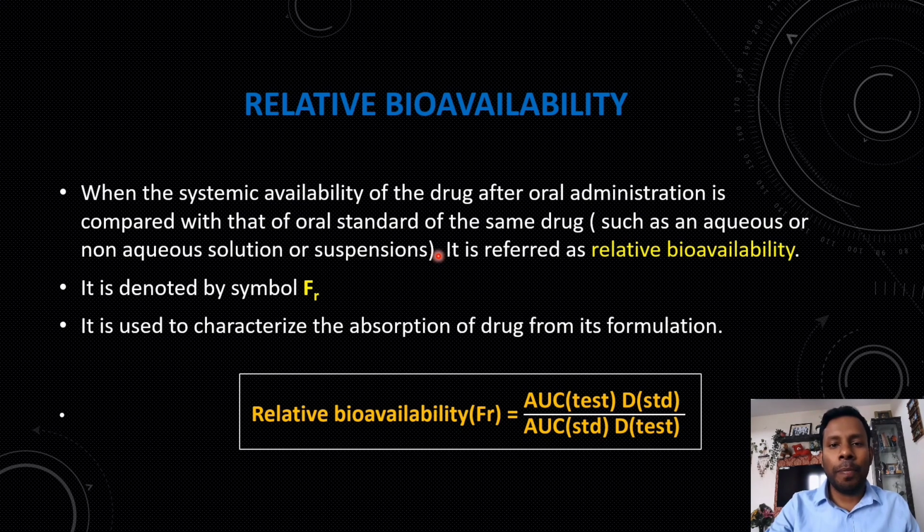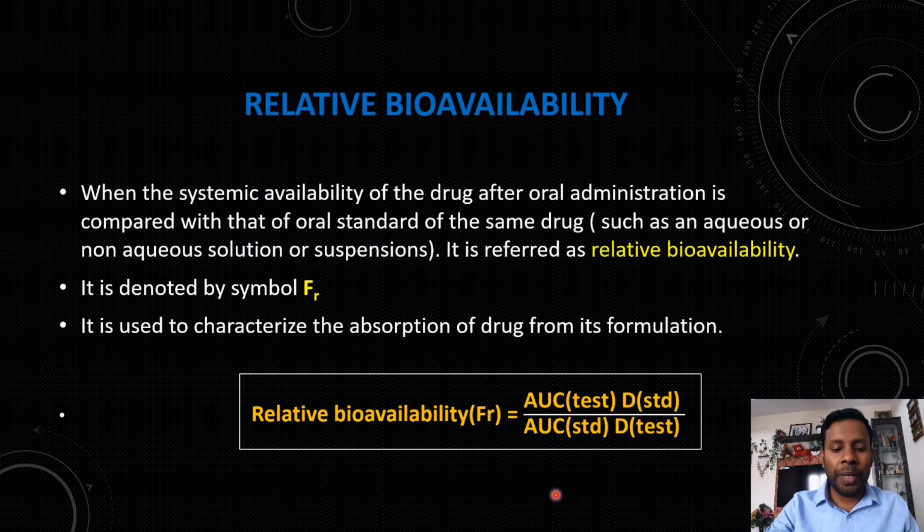relative bioavailability. And this can be estimated by the formula AUC test into dose standard divided by AUC standard into dose test. Means the test sample's AUC, area under the curve, multiplied by dose of the standard sample, divided by AUC of standard sample into dose of test sample.